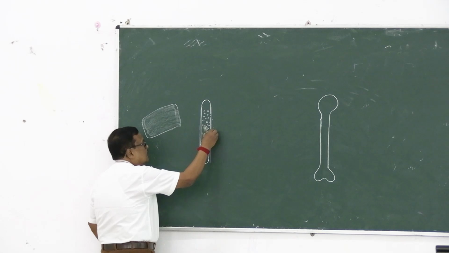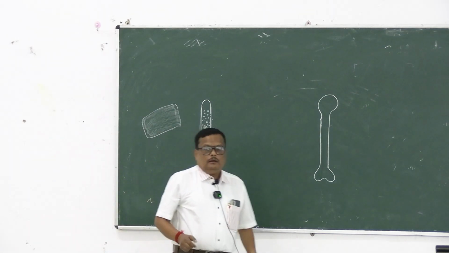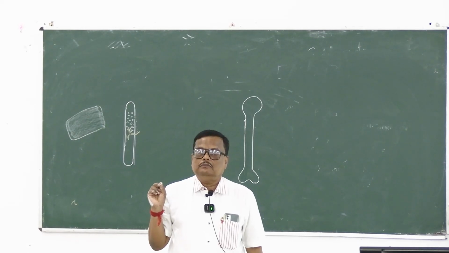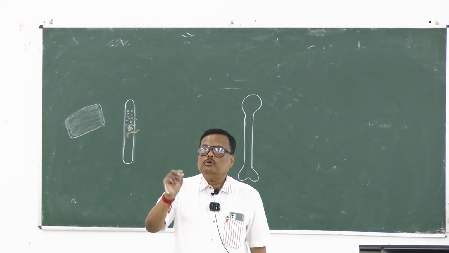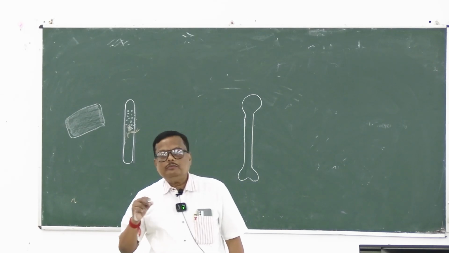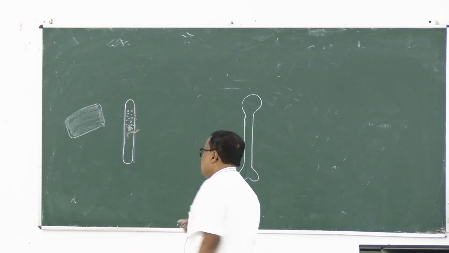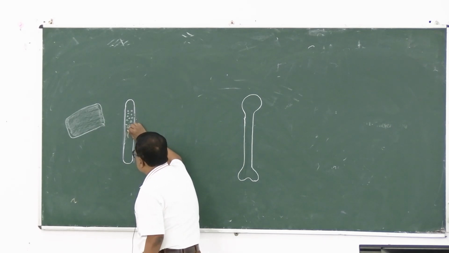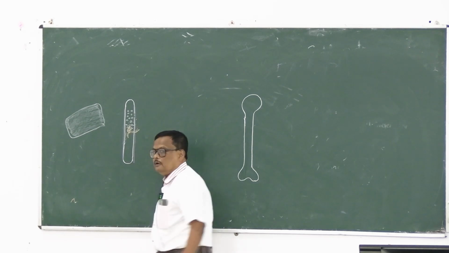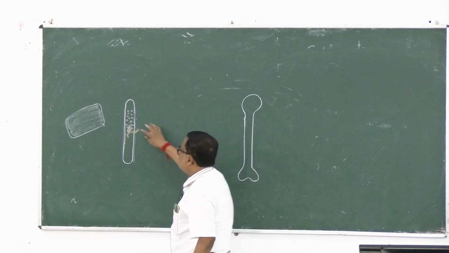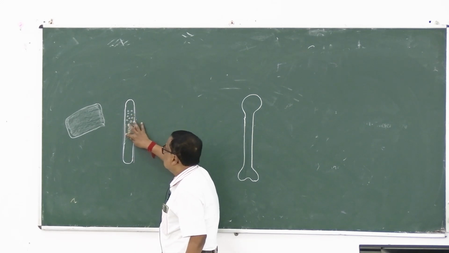This blood carries some bone forming cells. The cartilage cell, we call it chondroblast, can produce cartilage. Similarly, bone forming cells come through the blood and first rest here. And the cartilage here gets destroyed.